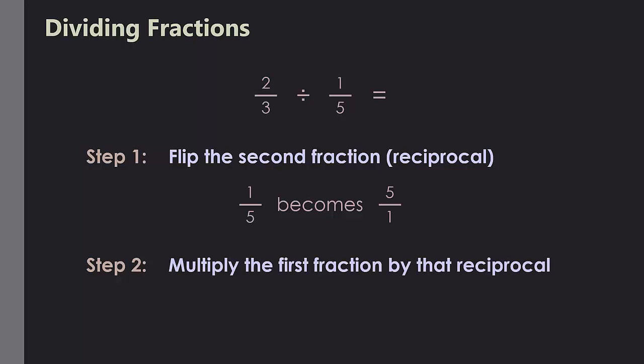It means you have to multiply 2 over 3 by 5 over 1. 2 over 3 times 5 over 1 equals 10 over 3 equals 3 and 1/3. So division of fractions means we multiply the first fraction by the reciprocal of the second fraction.